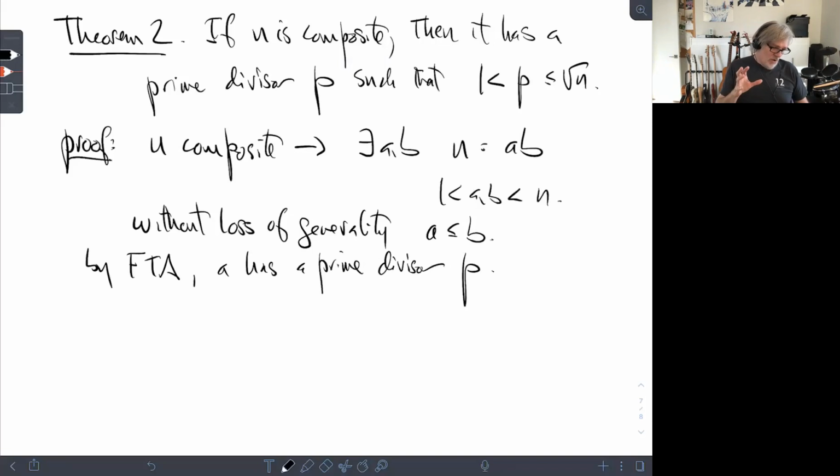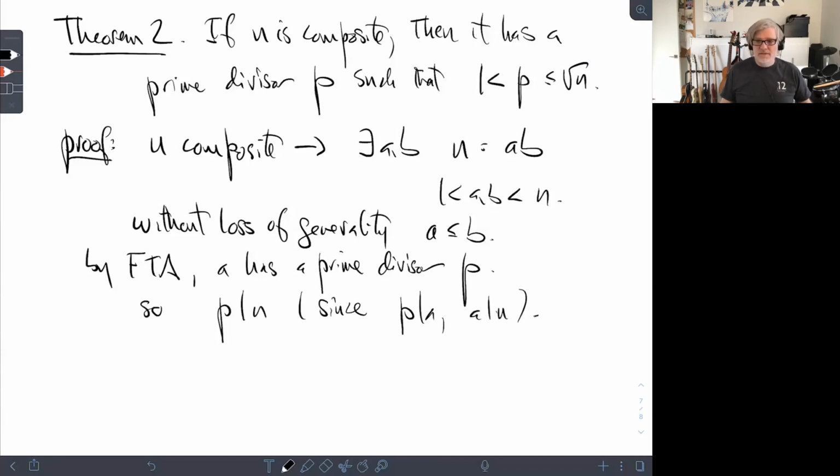Then obviously, if p divides a and a divides n, then p divides n. This is one of our basic little lemmas we saw a century ago.